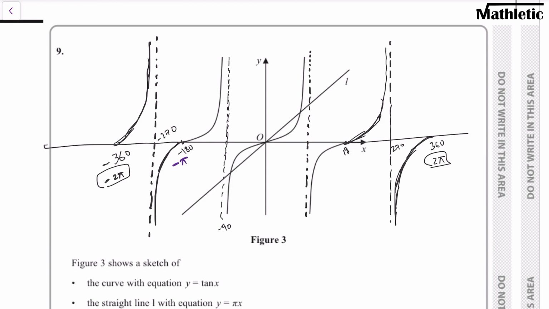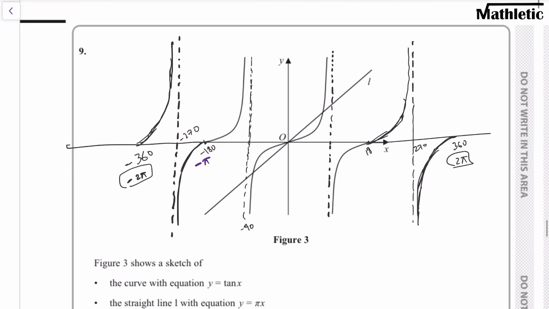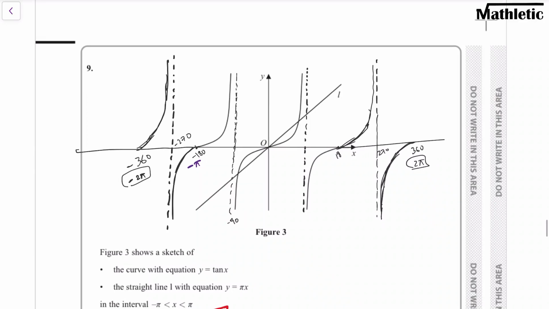For that you need to extend the line so that you can get all the intersecting points, right? So extend the line as much as possible. I will extend it at the right side of the y-axis, and similarly at the left side of the y-axis. Not just the line, you need to extend the curve also, because we are sketching for a minimum space, but it will go up to infinity, right?